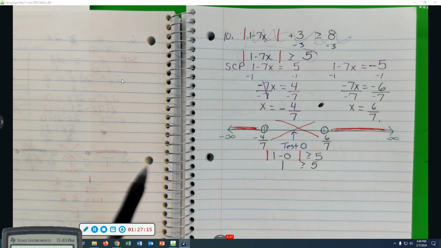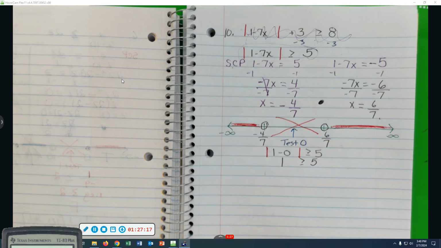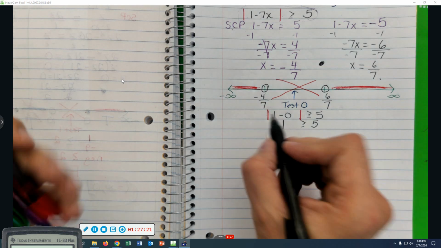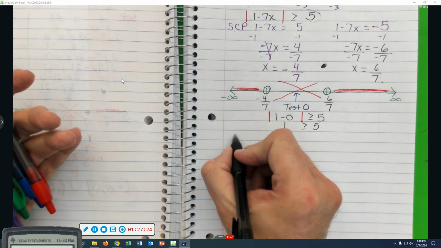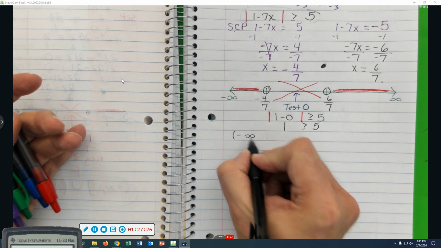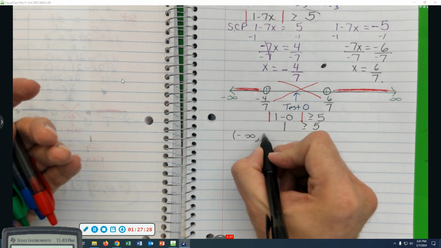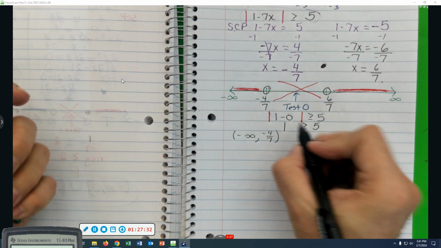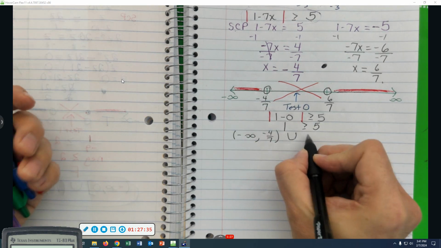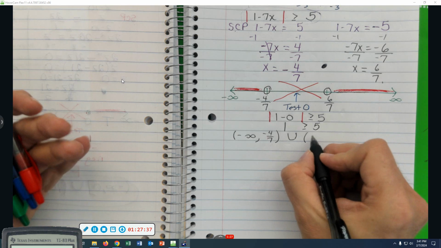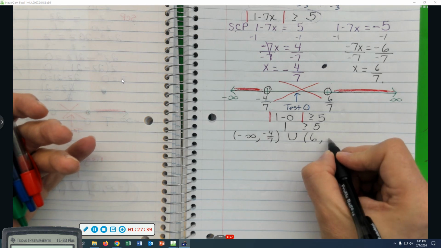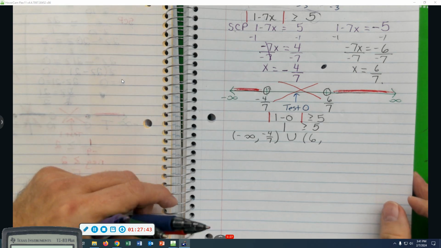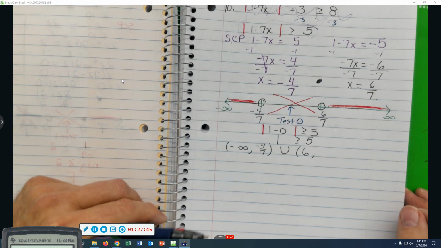And now I'm ready to write my interval notation. I'm going to cover up that mess there. So it would be parentheses, negative infinity, comma, negative 4 over 7, parentheses, then a union, another parentheses, 6, comma, wait. Oh gosh, I messed up, didn't I?